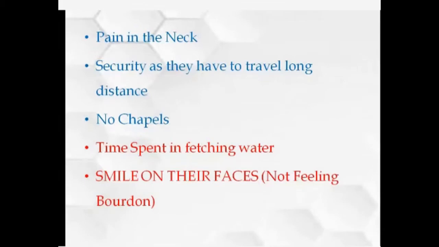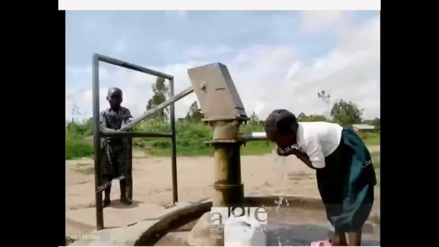He thought he should provide a solution, and he immediately came down to the village, brought a boring machine, drilled and fixed a hand bore in the village.